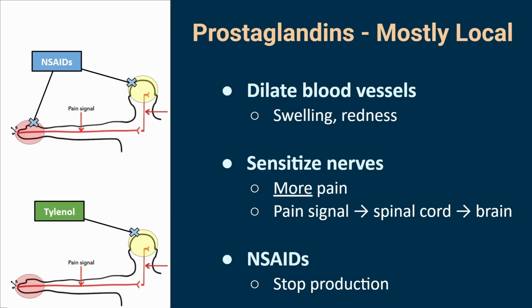That way fluid can rush to the area, beat up all of the bad things, and then dump it out. And what's causing this redness and swelling is prostaglandin release. Like I said, it makes you experience more pain. It also helps communicate that pain signal up your spinal cord and to your brain. But NSAIDs like ibuprofen and ketorolac specifically stop the production of prostaglandins.